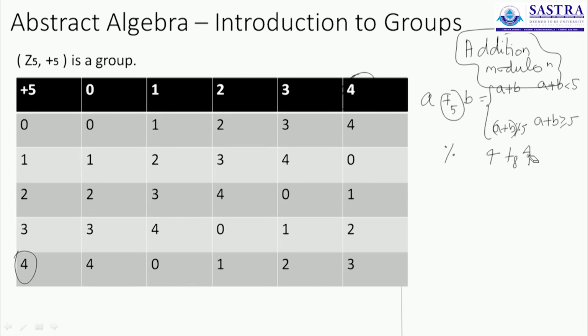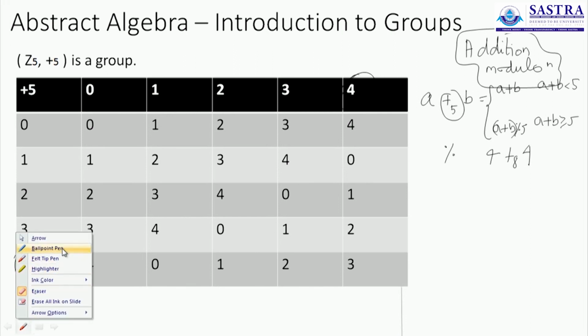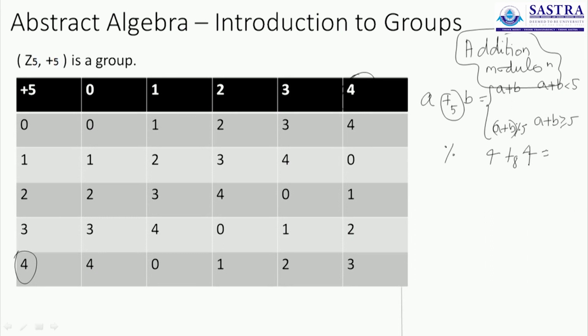But 8 is not less than 5, 8 is actually greater than 5. So what the operation does is it divides 8 by 5 and returns the remainder. What happens when you divide 8 by 5? 8 is 5 times 1 plus 3, the remainder is 3, and therefore 4 and 4 give you 3.